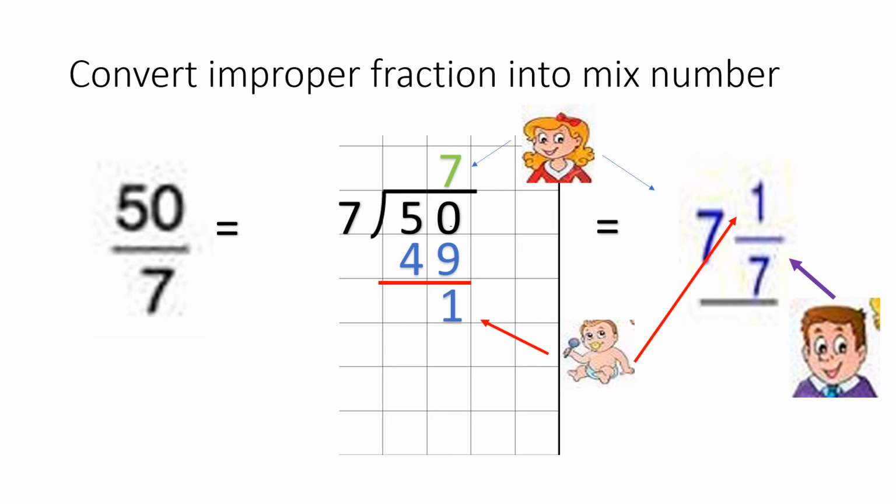So now compare it with your mixed number. Can you see the pattern? 7 is the whole number, 1 the remainder is the numerator, and the divisor is your dad which remain unchanged.